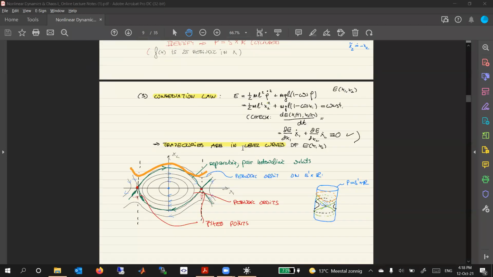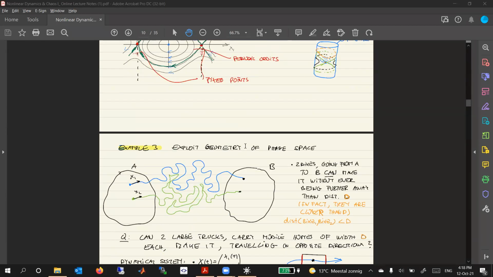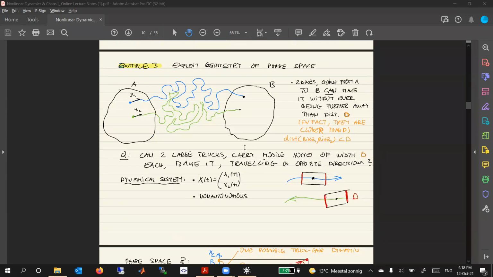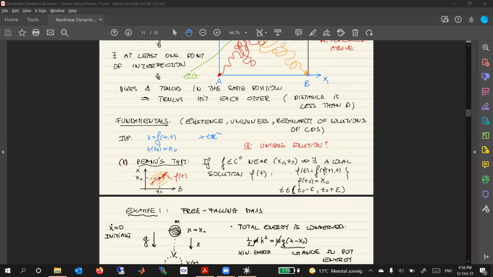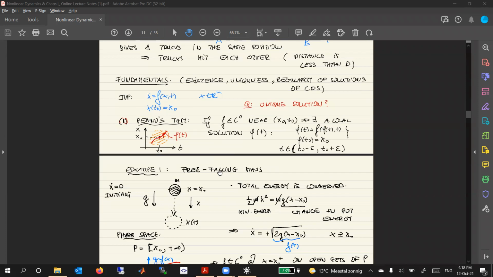We saw some fundamental results about exploiting the geometry of phase space and what trajectories in phase space mean. And there were some fundamental results about existence, uniqueness, and regularity of solutions, which have played a key role in the examples that we have seen in the past few weeks.